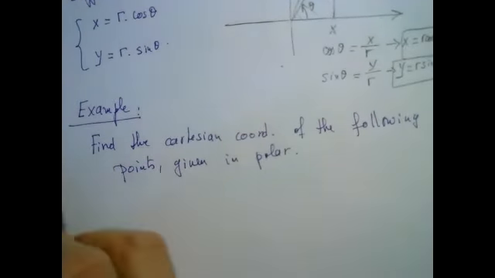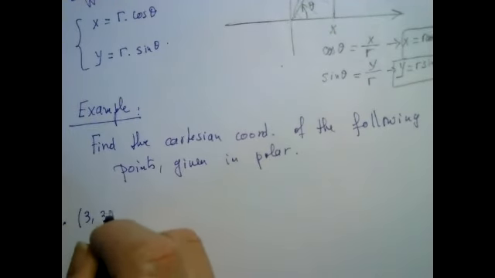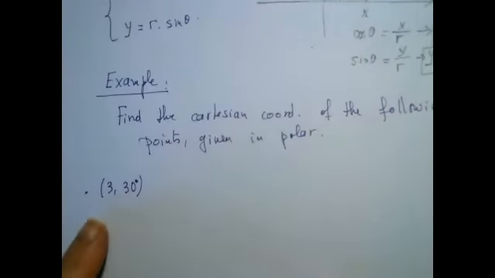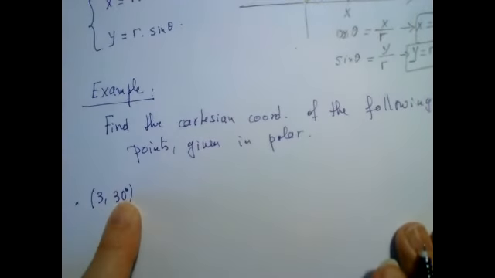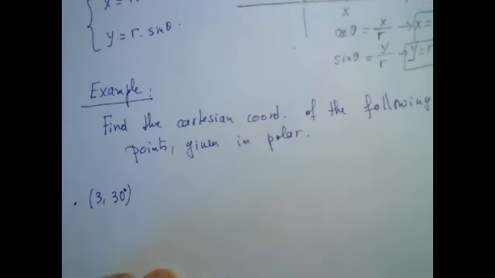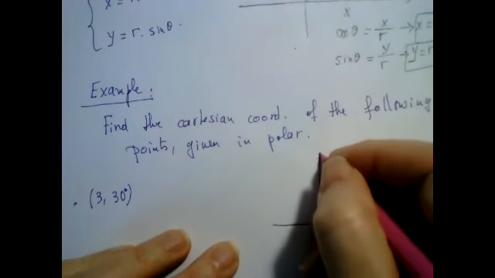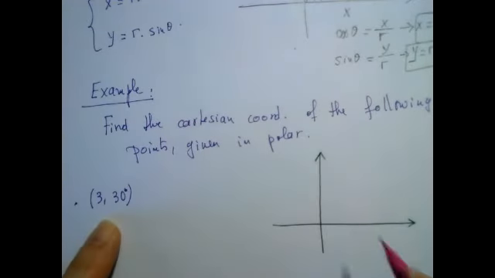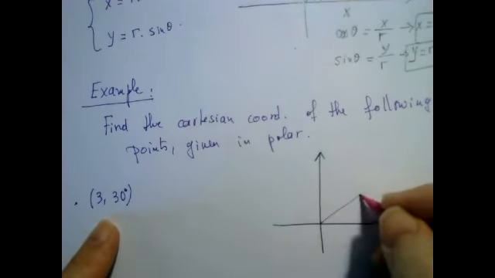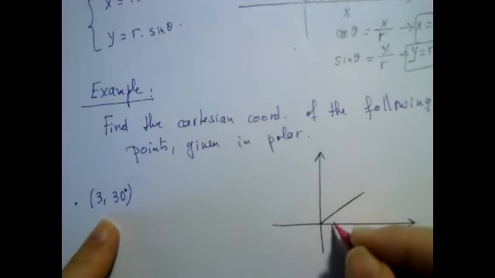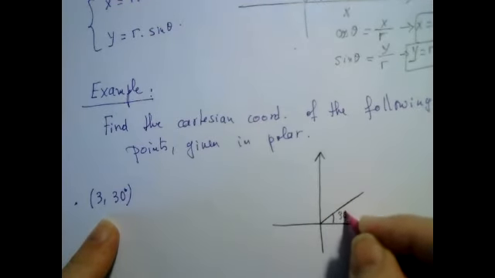So I'll start with the first point, 3, 330 degrees. Now here, this is in polar. I want them in Cartesian. So I will draw the picture to show you exactly what I am after. This is in polar. It means it's 30 here. This is my angle, which is 30.